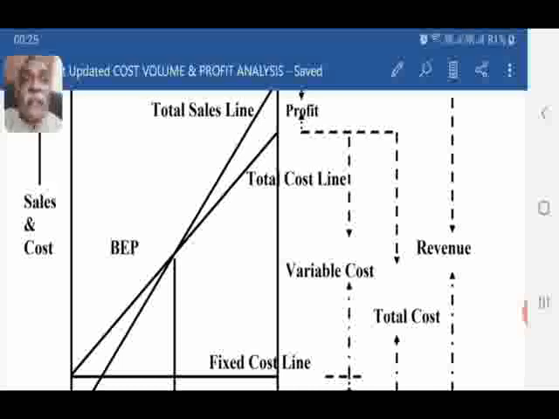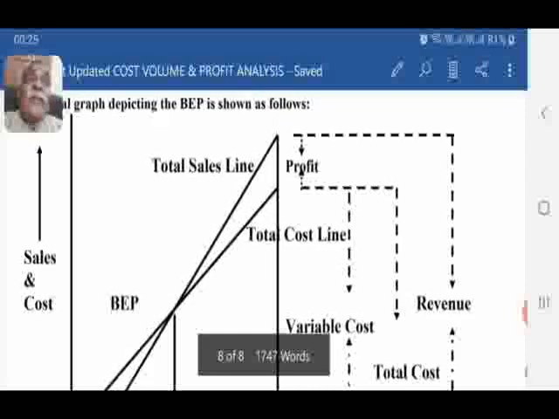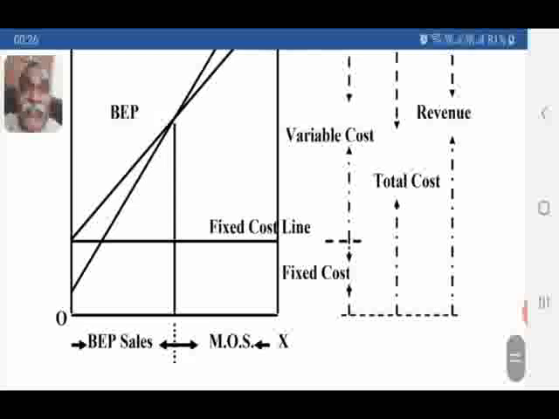The point is known as the break-even point. When you put a perpendicular from the break-even point on the horizontal axis, x-axis, the point where it cuts is called BEP sales. And from the sales line, when you put a perpendicular on the x-axis, after the break-even point and up to that point, this is called margin of safety.